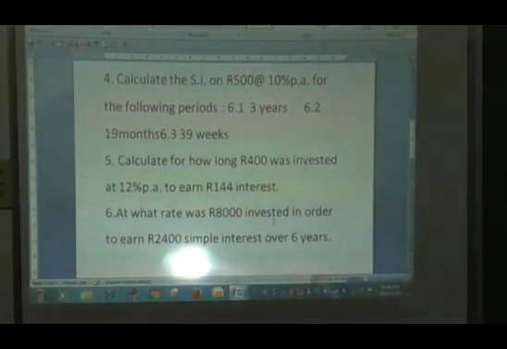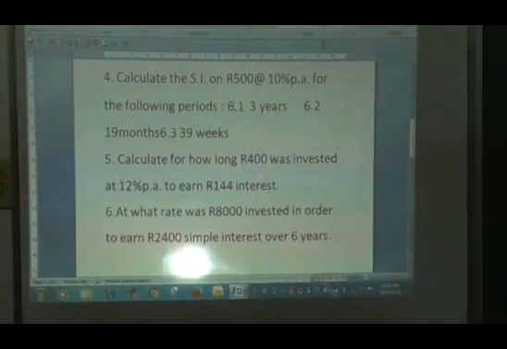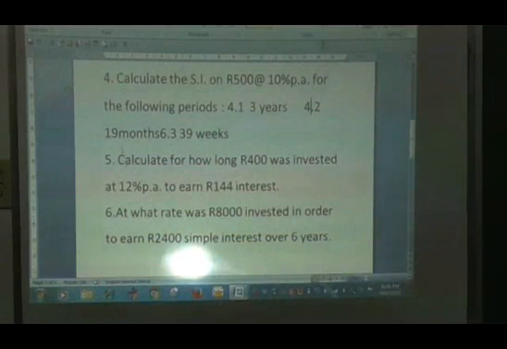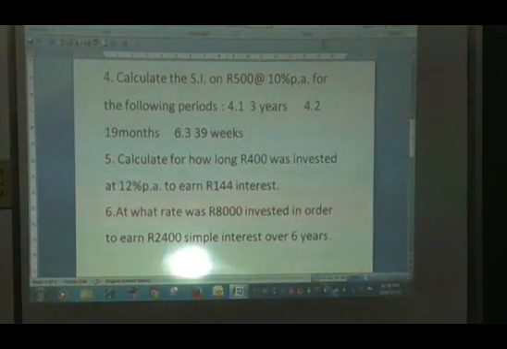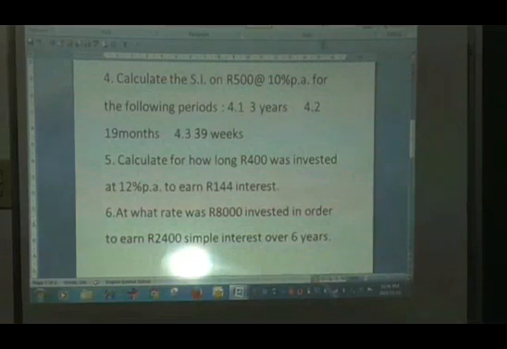Number 4. Calculate the simple interest on 500 Rand at 10% per annum for the following periods. So this will be 4.1, 3 years, 4.2, 19 months, and 4.3, 39 weeks.